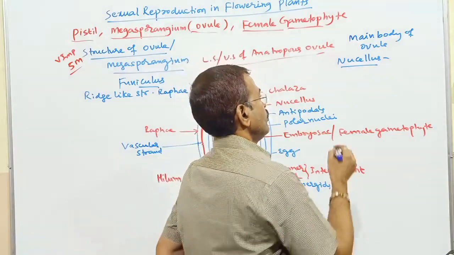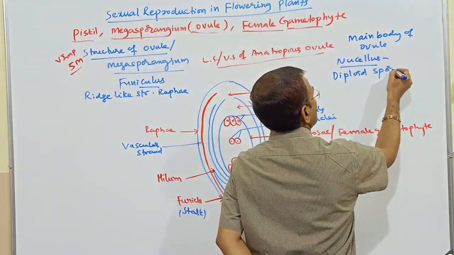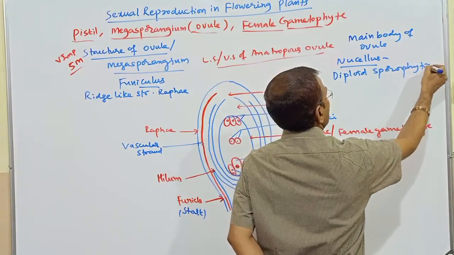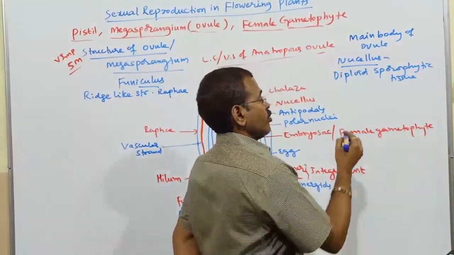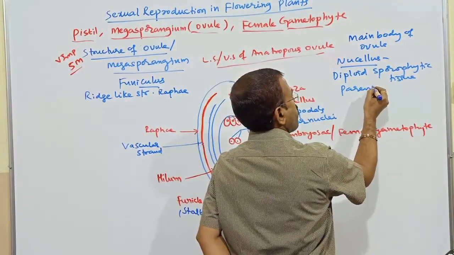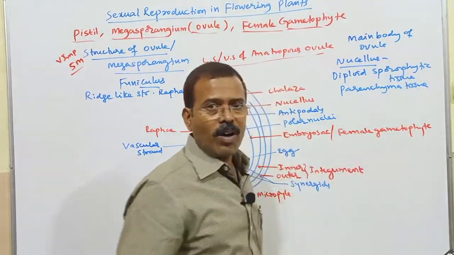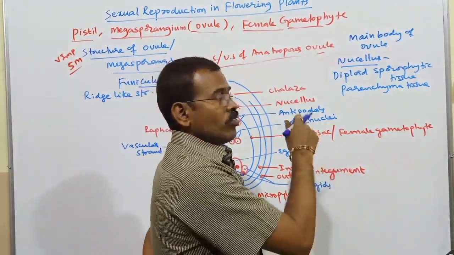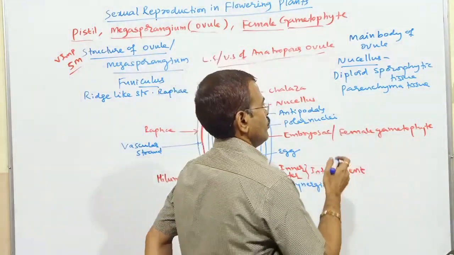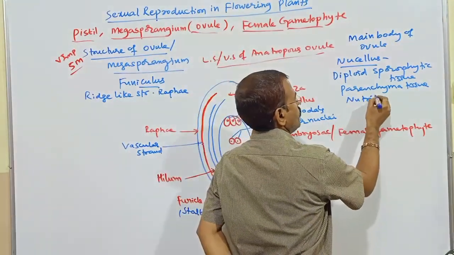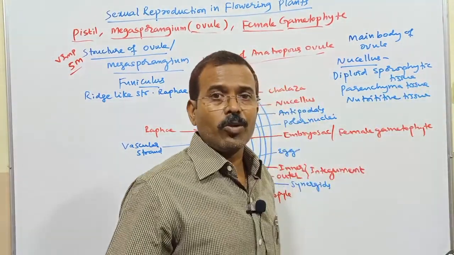Remember, it is a diploid sporophytic tissue. It is made up of parenchymal tissue. This nucellus is a nutritive tissue which forms the bulk portion of the ovule.